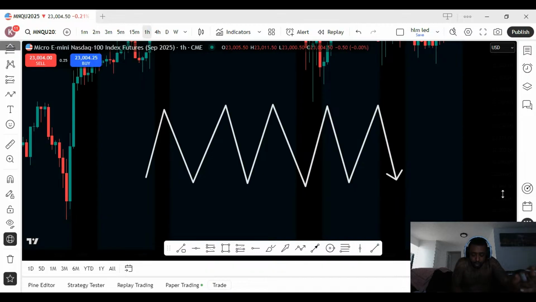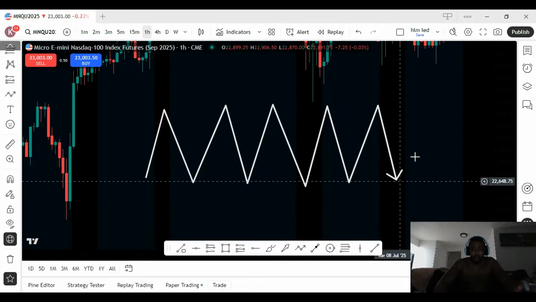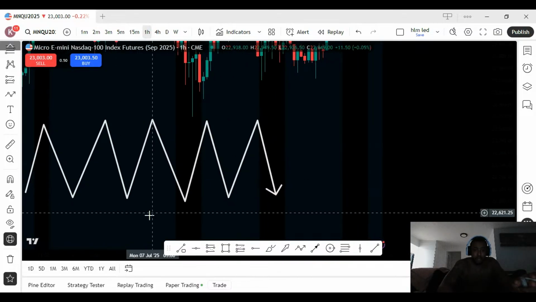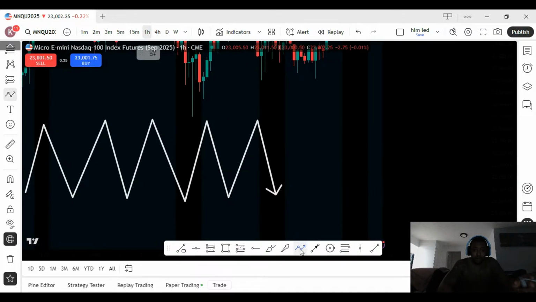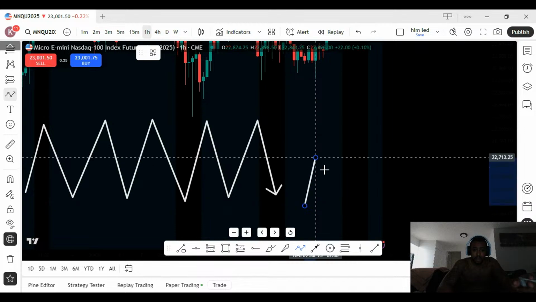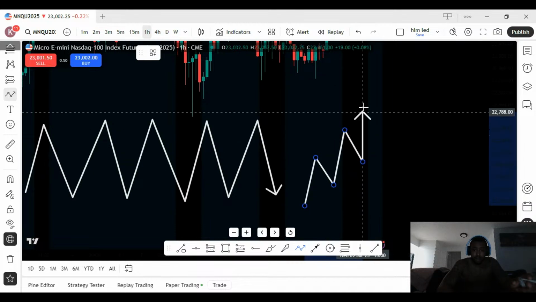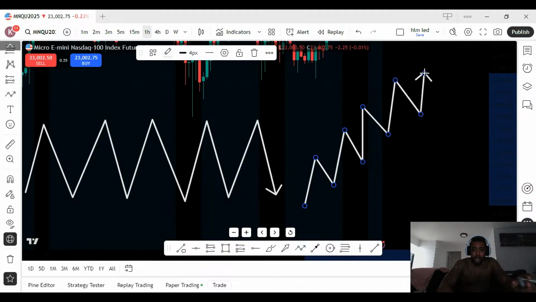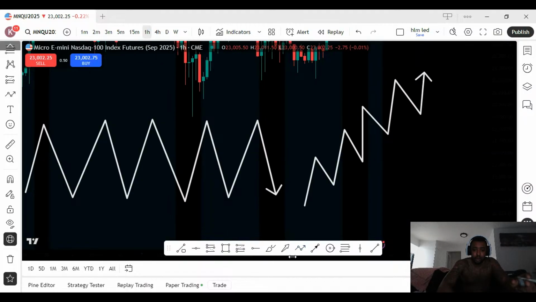So he said, yeah, it just switched. So bears. Yeah. So this is consolidation. This is an uptrend, right? And then this is a downtrend.